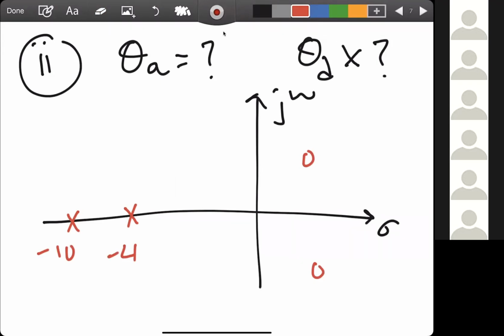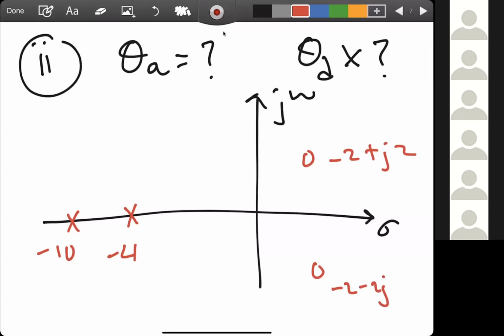Theta departure is for zeros. Terbalik. Theta arrival is for zeros. Theta departure is for poles.